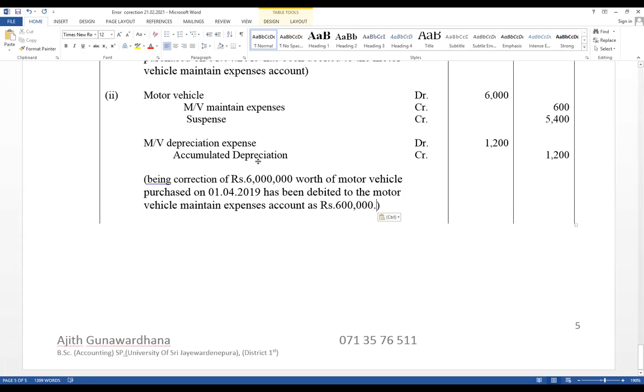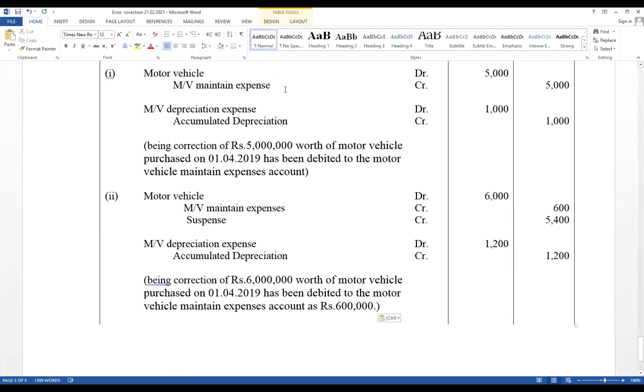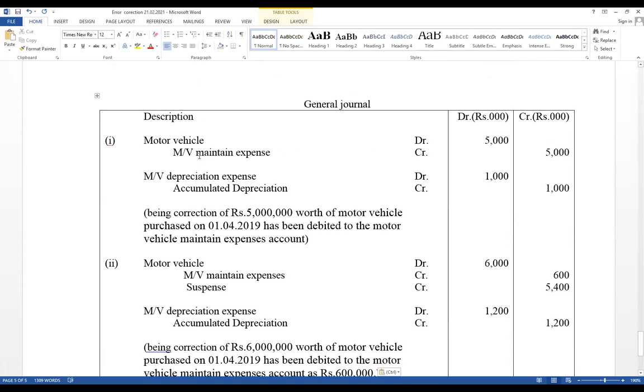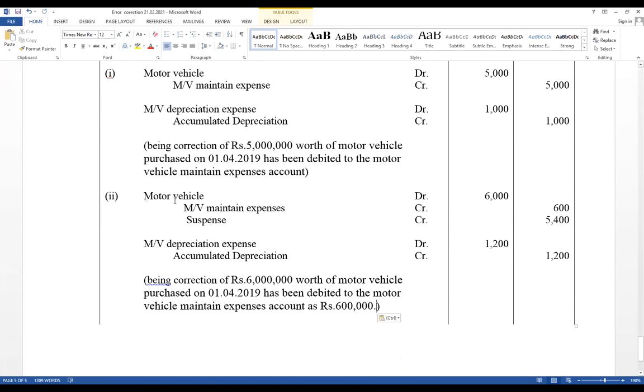Right, think about principal errors: asset has been recorded as expense. First one, the value is equal, therefore it does not affect the suspense account. But second one, the value is also not correct, therefore it affects the suspense account also.